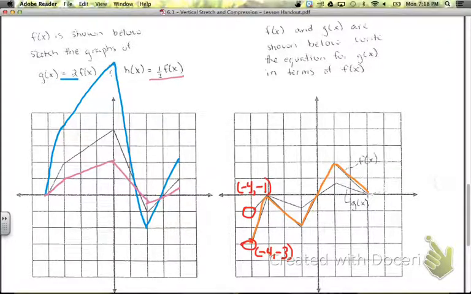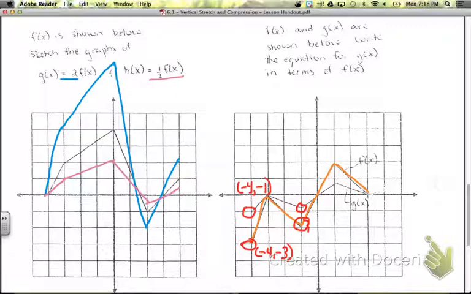Now when we look at the other points on the graph, you notice that they are fractions of the other points. We look at this point right here. This is at (-1, -2). This point here is in between 0 and 1, so we know it's some sort of fraction.